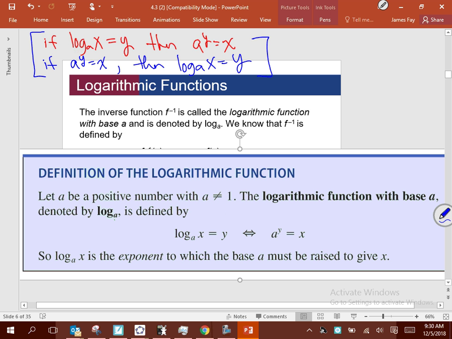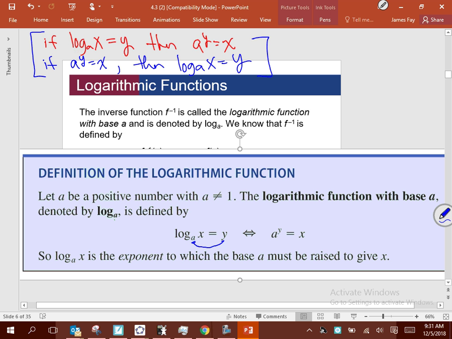It says the log base a of x is the exponent to which the base a must be raised to give x. Think about this: when we ask what is a logarithm, the answer is always, it's an exponent. If I use this approach, I start with a logarithm, log base a of x equals y.